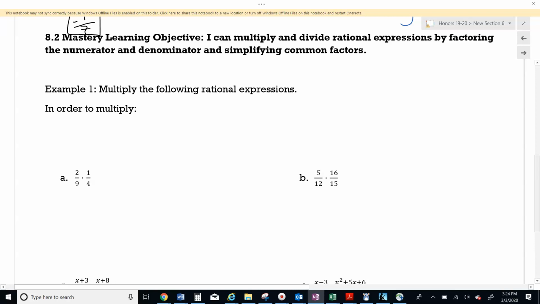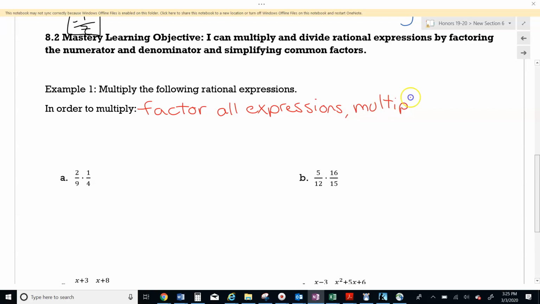So what we are going to do in order to multiply the rational expressions: you have to factor all expressions, so all numerators, all denominators, multiply the numerators, and multiply the denominators.